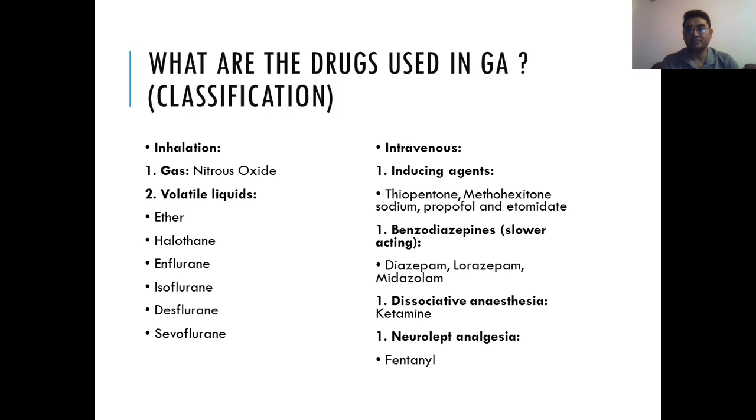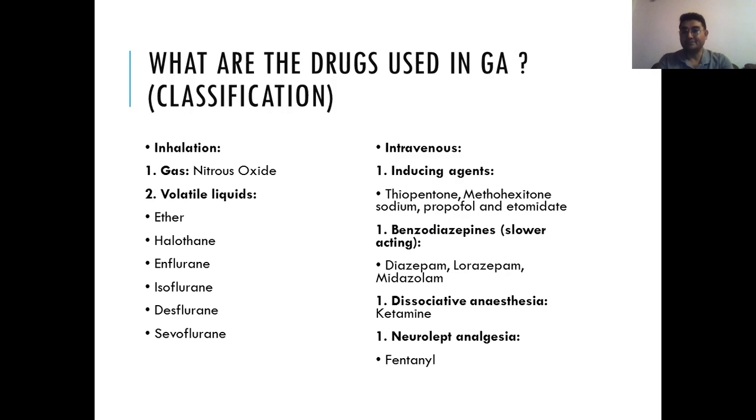But on the right side, you see the list of drugs used as intravenous agents for general anesthesia. Inducing agents are thiopentan and methohexital sodium, propofol, and etomidate. As I told before, propofol is the most common one used in modern anesthesia.